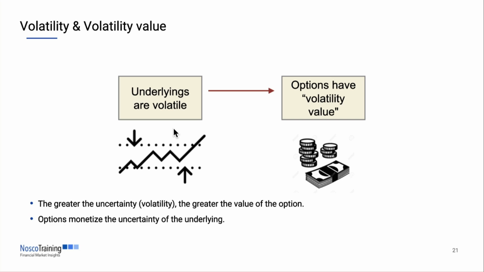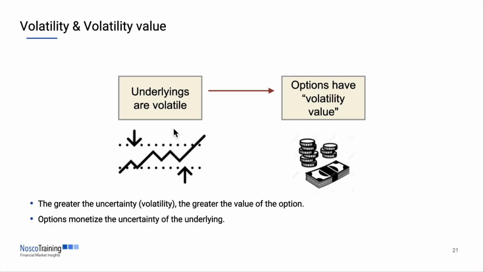In options, that characteristic translates into dollars. So the more volatile the underlying, typically the more value the option has. So that volatility of the underlying translates into a dollar value in options.